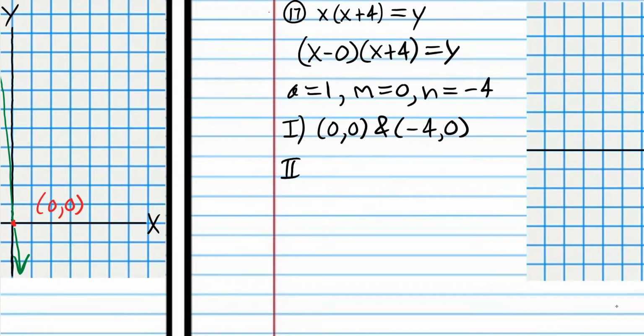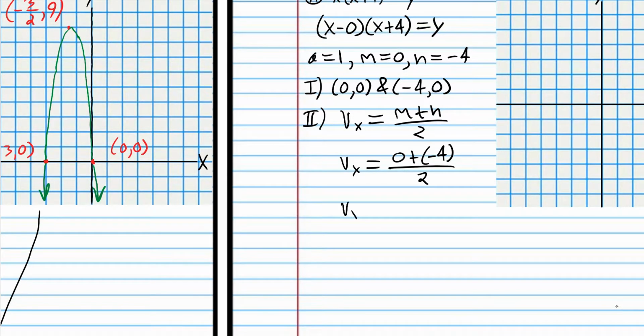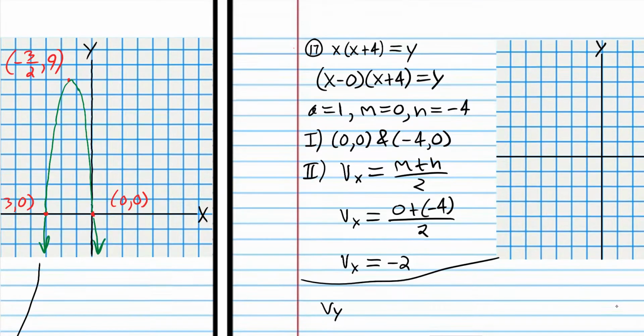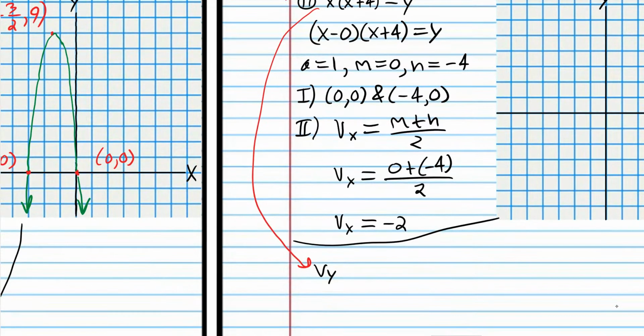And now we find the x value of the vertex. You don't have to use this m plus n over 2 formula. You can just find the midpoint between 0 and negative 4, which is obviously negative 2. But I just want you to know how to use that formula because sometimes it is beneficial. And we get negative 2. Then we need to find the y value of the vertex. We can probably just use that original formula up there, whichever is easier.